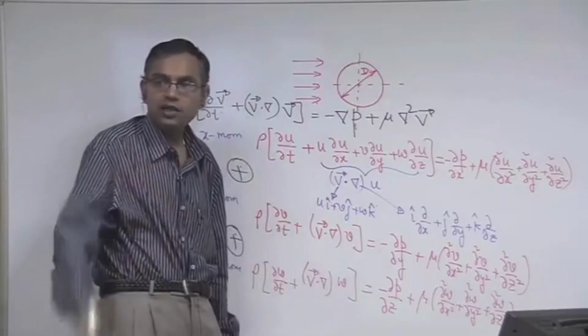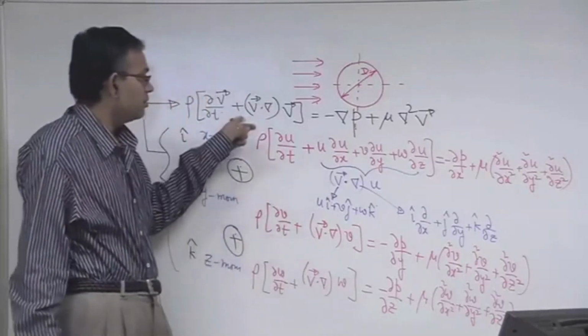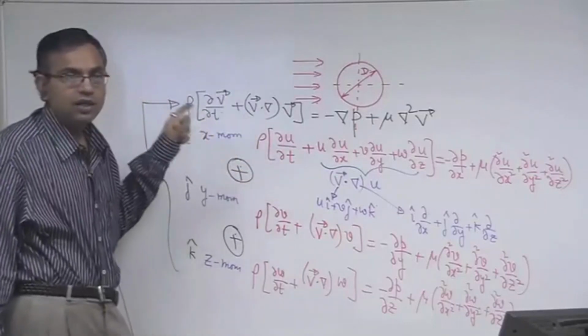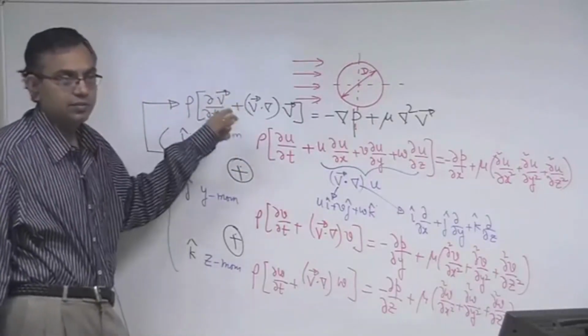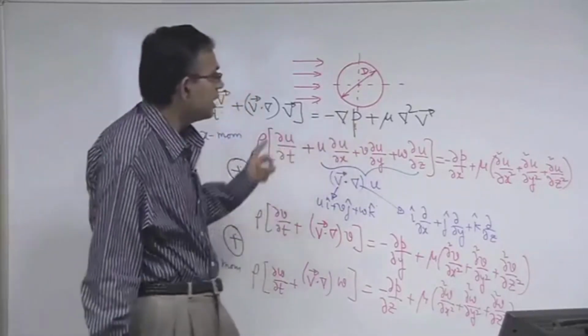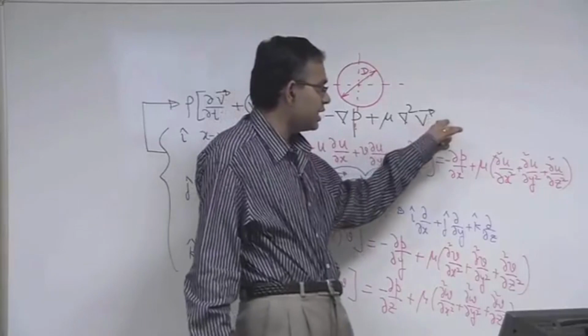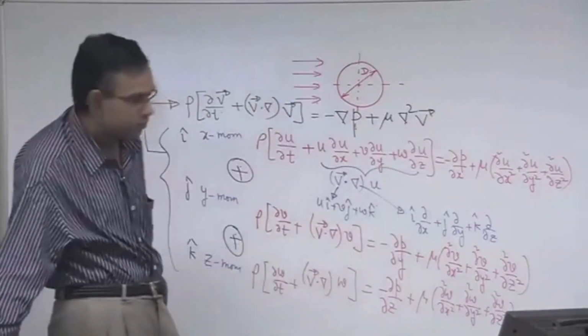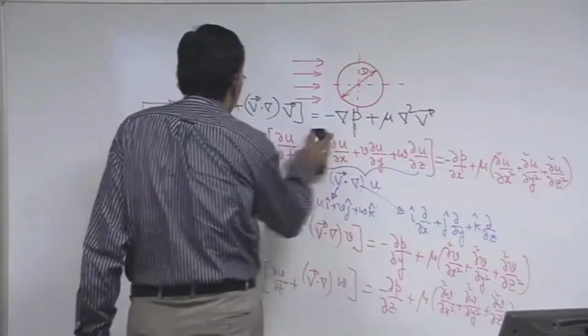So, Cartesian tensor notation. I mean the vector form, the advantage is that it does not require the description of any coordinate system. So, you can use it for a very general case, and if you have a body force, just add a plus b vector for indicating the body force. Okay.